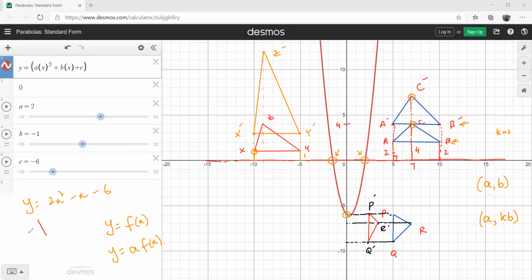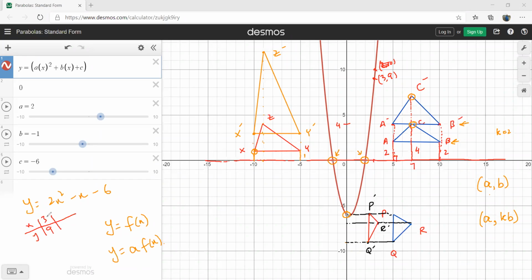This point over here is 3 comma 9. So you have to see that this point is 3 comma 9.